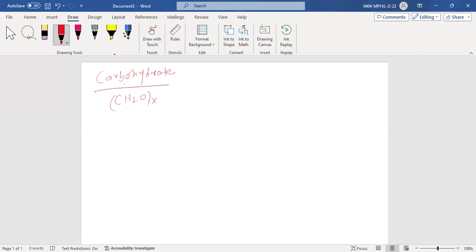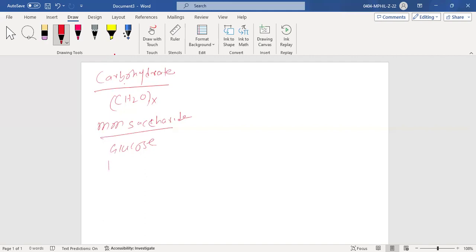First we'll talk about monosaccharide. In monosaccharide you have an example of glucose. Remember, it is a simplest unit, you cannot break it further. It is the simplest substance available in carbohydrates. All right, got it?